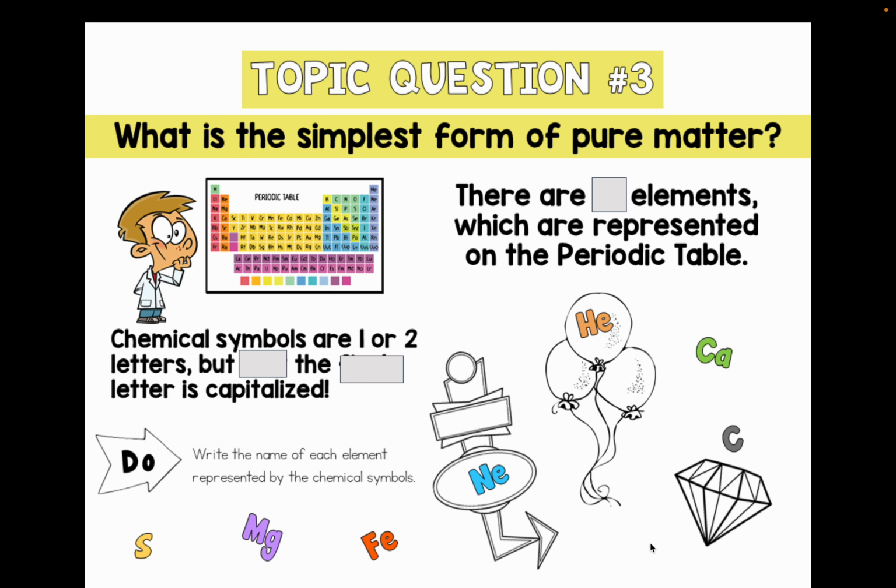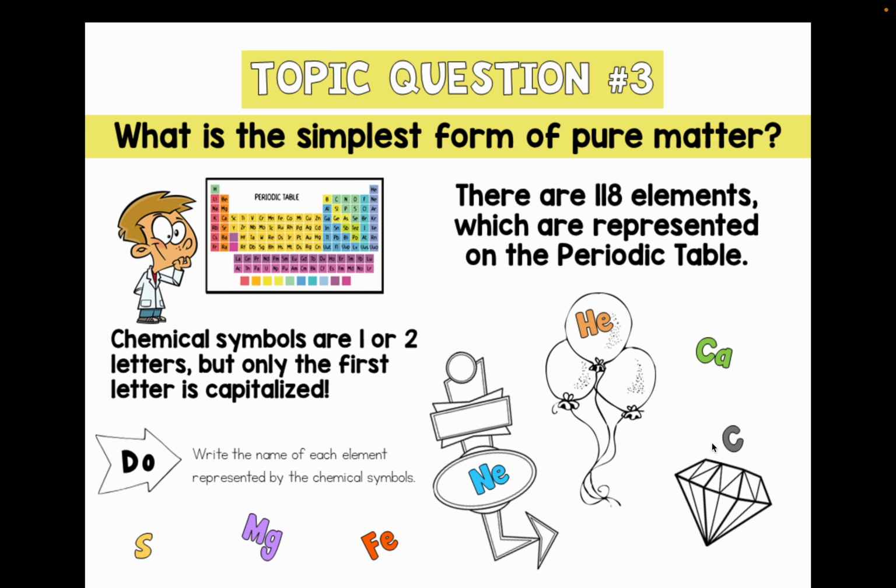Well, how do we know which are the elements? A great way is to look at the periodic table. There are 118 elements, and they're all represented on the periodic table. When we're representing these elements, we use chemical symbols. Chemical symbols are written with 1 or 2 letters, but only the first letter is capitalized.